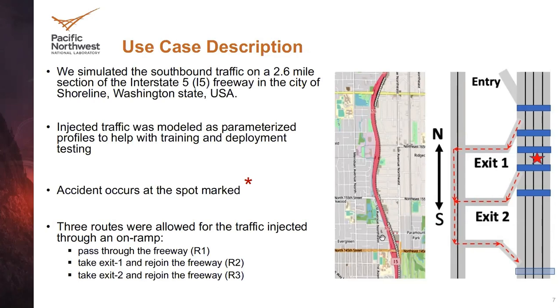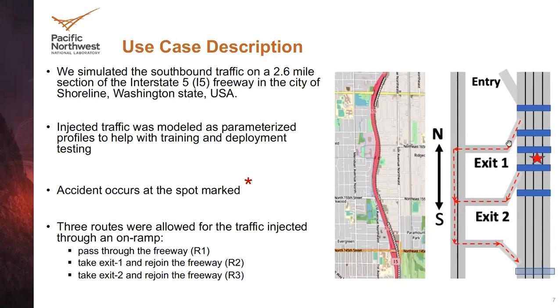So here I'm showing the Google Maps screenshot and also a schematic which shows the model that we are actually looking at, which is you have the traffic entry from the on-ramps, and then you have 5 different detectors that we have placed, virtual detectors, which help us sense the data. And there are 2 different exits, and there is an arterial that accompanies this freeway.